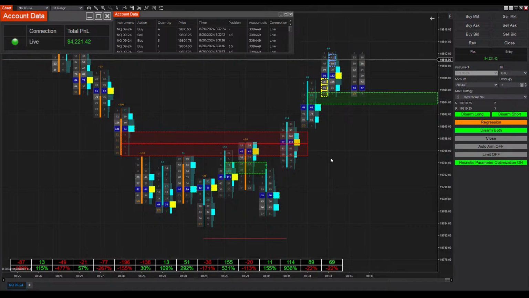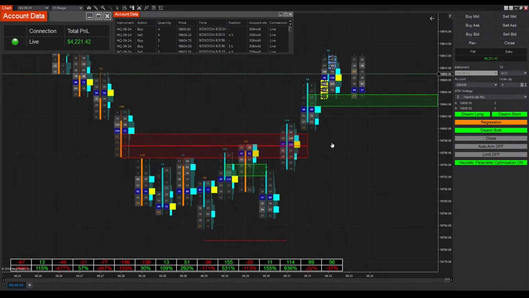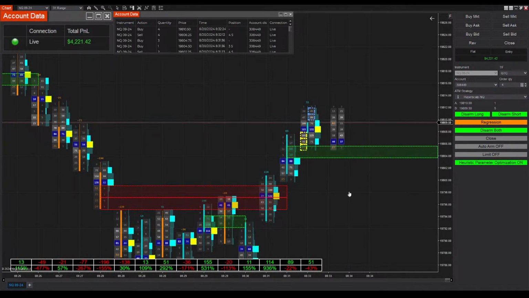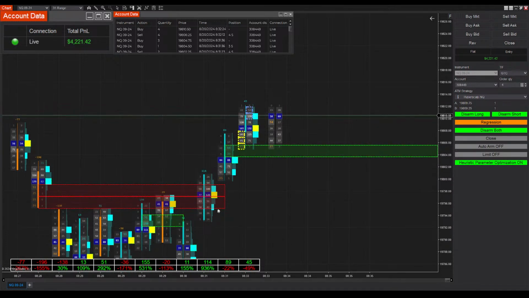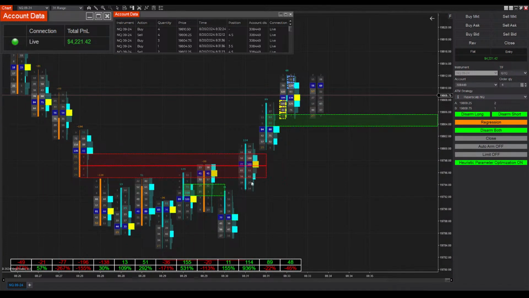But you can see the concepts of the system itself, if you're just using the prepackaged models, are not very complex in terms of actual usage. The switch between regression and trend is pretty clear cut. Right here we should be in trend mode because we've gotten consistently correlated delta with price.